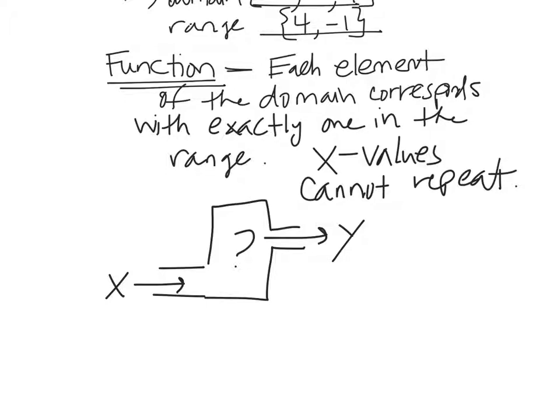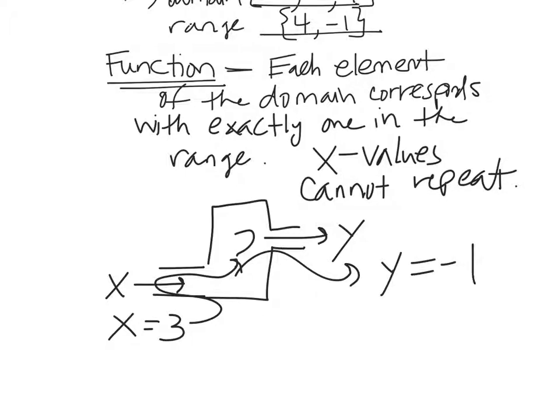Now, here's what a function is. If I decide to plug in x equals 3, from above, those points, 3. X goes in, something happens, and it pops out as y equals -1. That's great, okay? That's a function. I can plug in x equals 4 even, and 4 goes in and pops out as y equals -1, and that's okay.